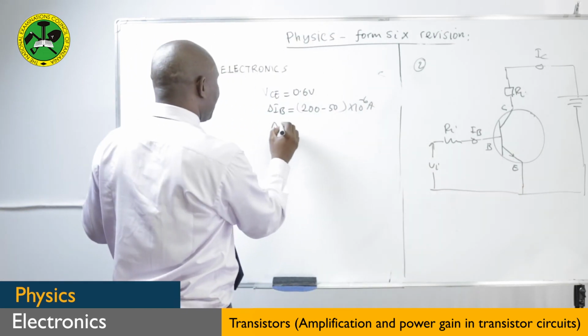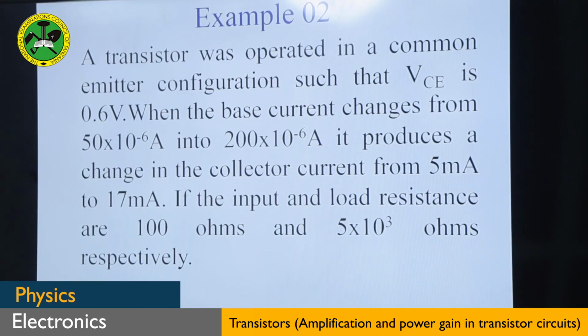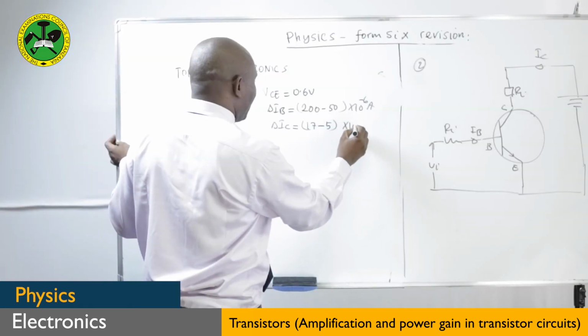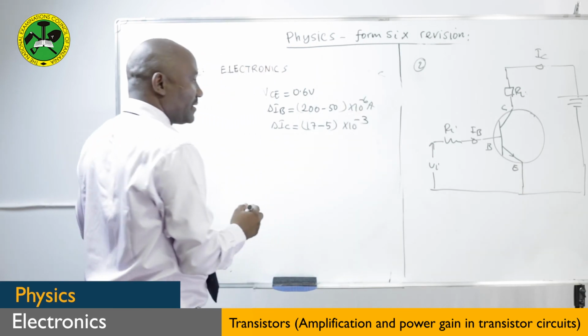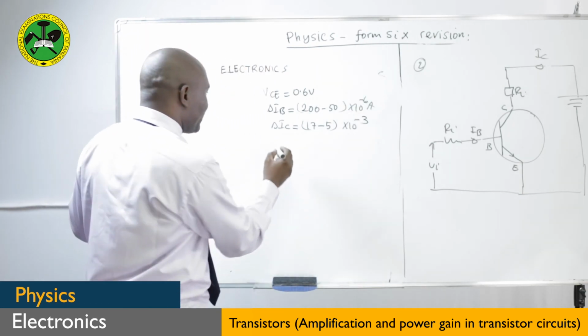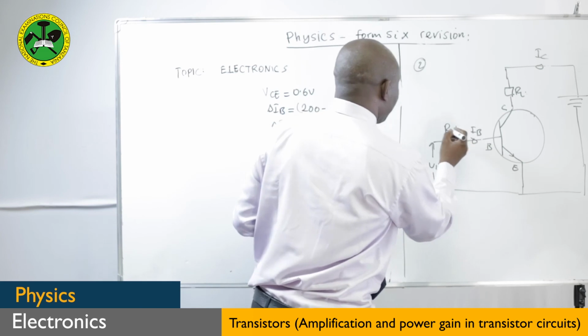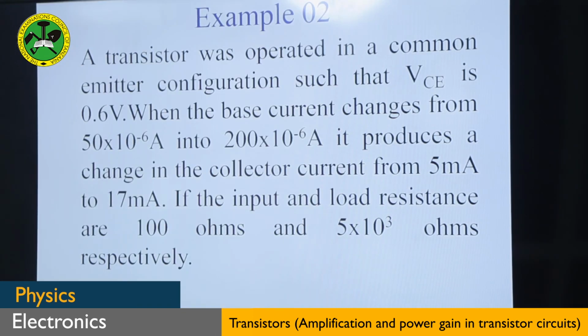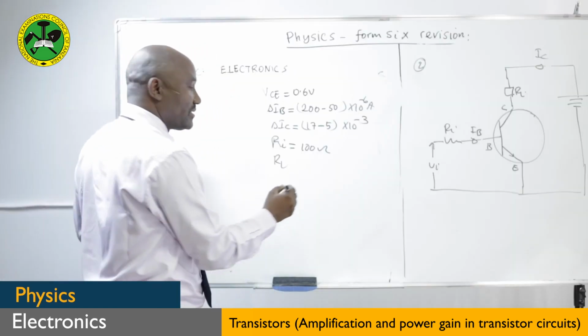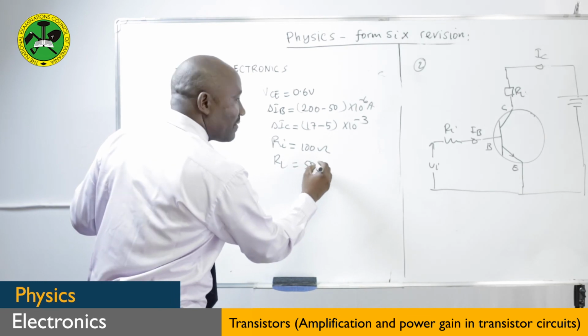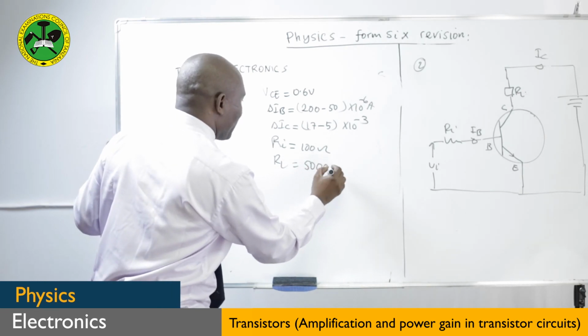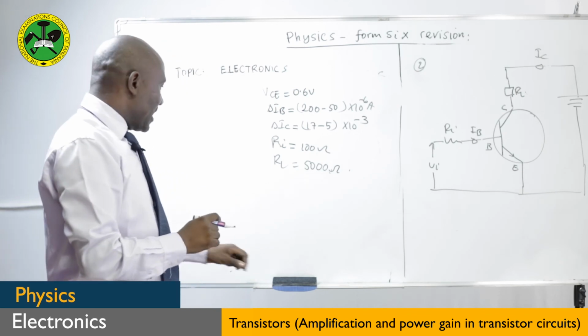So the collector current changes from 5 to 17, so it's 17 minus 5 milliampere times 10 negative 3. You're given that the input resistance Ri equals 100 ohms, and the load resistance, which sometimes we take as the output resistance, is given as 5,000 ohms.